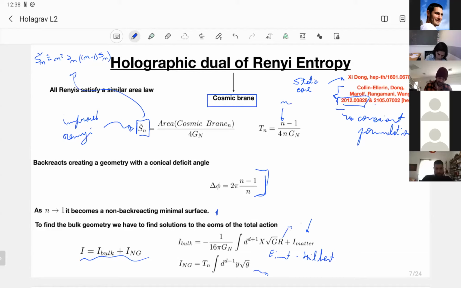This is the Ricci curvature, it is no longer the AdS constant Ricci. This is the metric. This is the induced metric on the worldsheet of the cosmic brane. And so you have to minimize this.